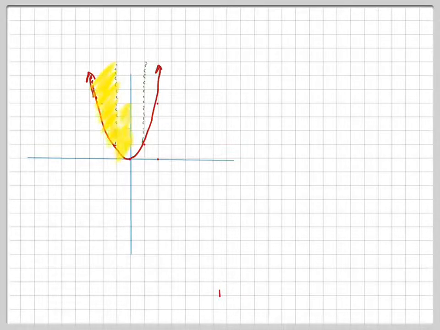They are not part of the graph because x is not equal to them. So the interior of the parabola including the boundary is the domain, but x equal to 1 and x equal to negative 1 are not part of the domain.